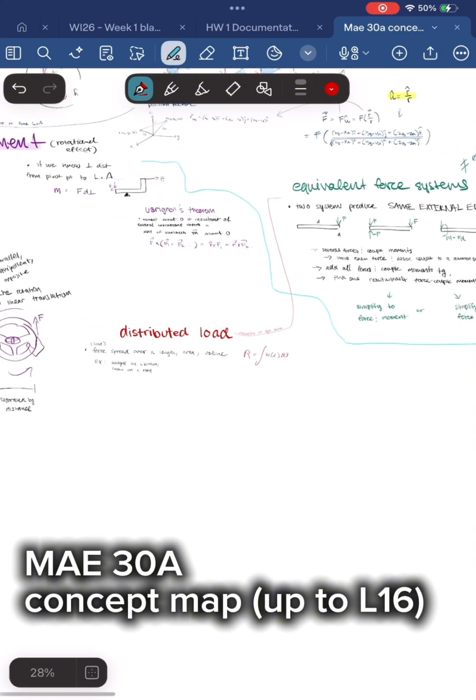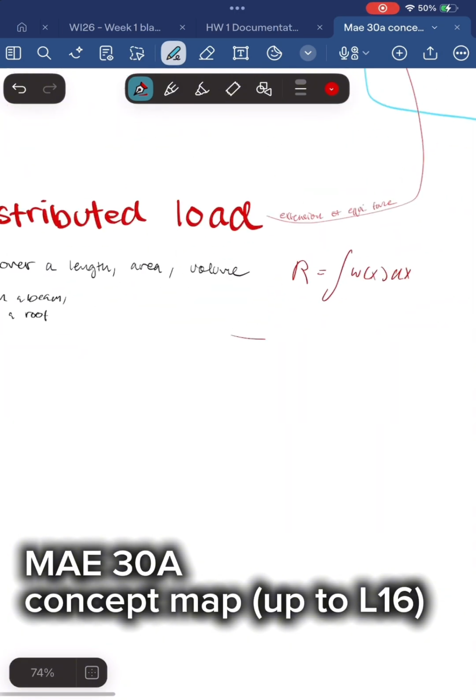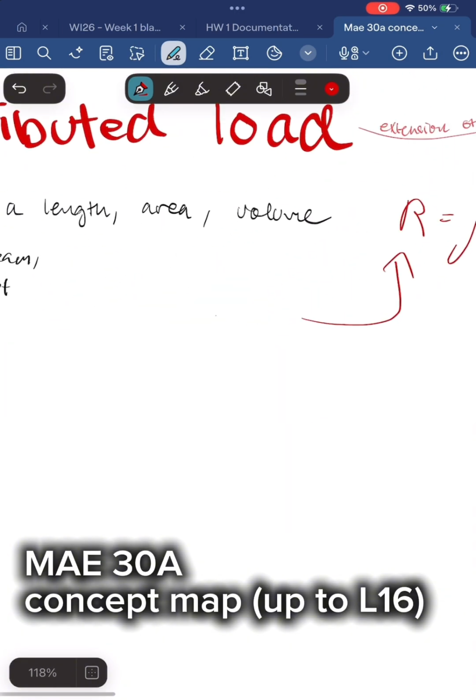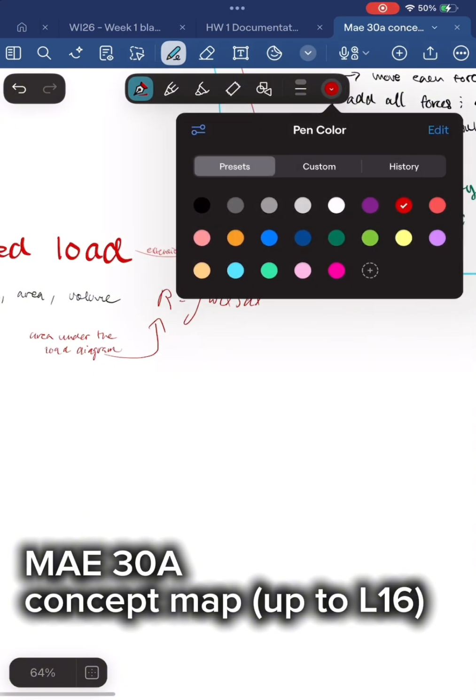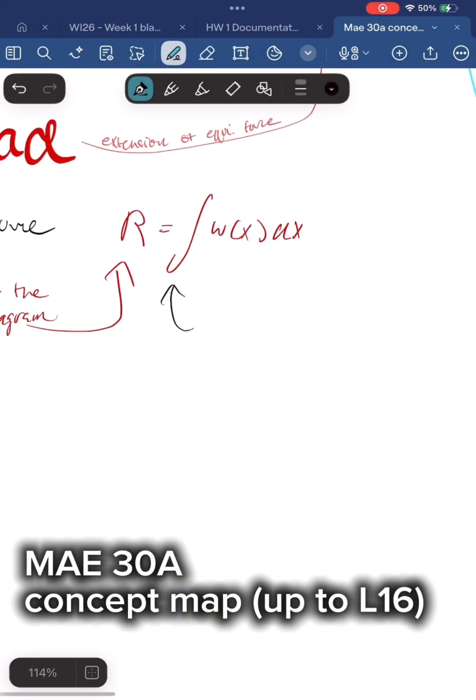And for simple shapes, R is the area under the load diagram. And this, of course, acts at the centroid of the load diagram.